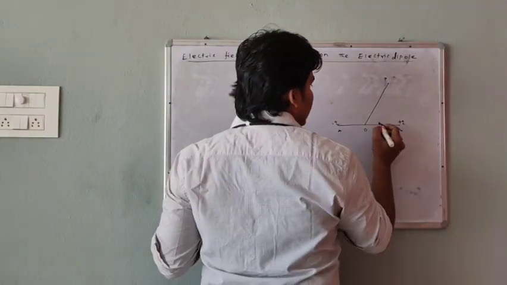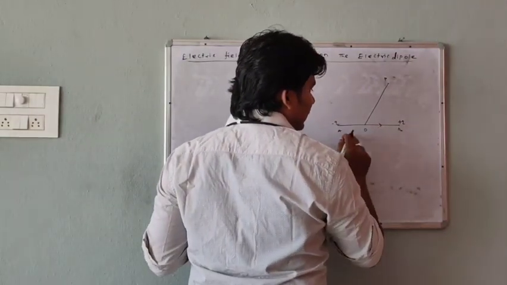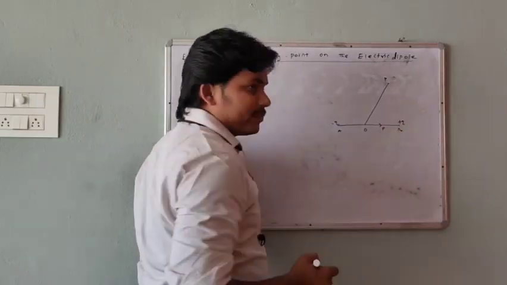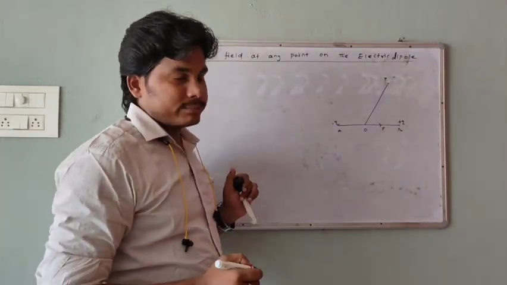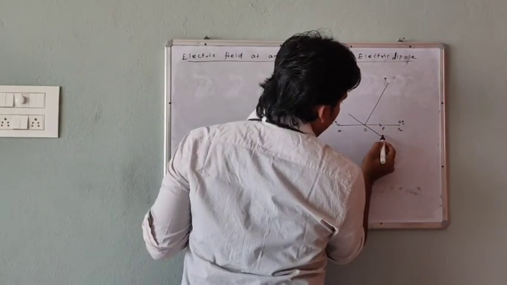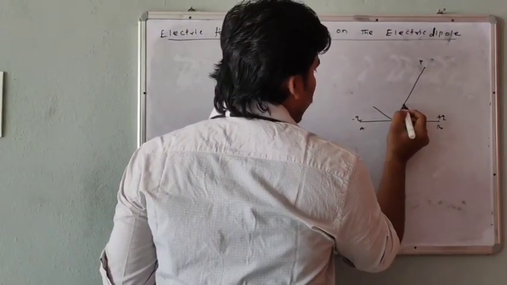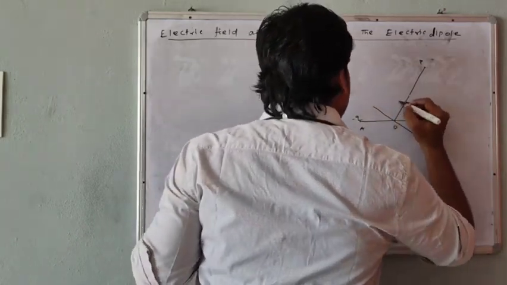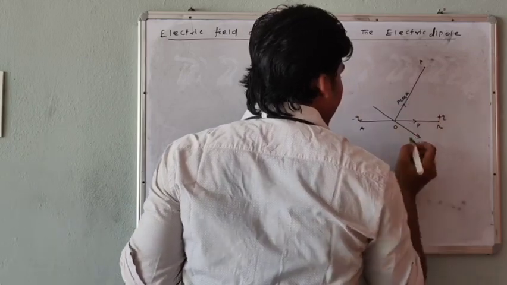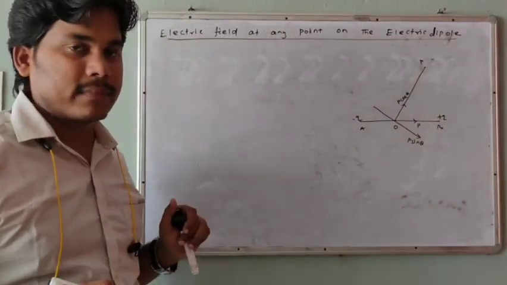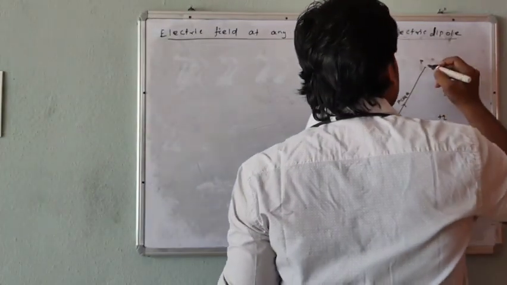Listen, this is a dipole, and hence there will be a dipole moment. This dipole moment P will be resolved into two components. One component is called P cos theta, and the other component is called P sin theta.